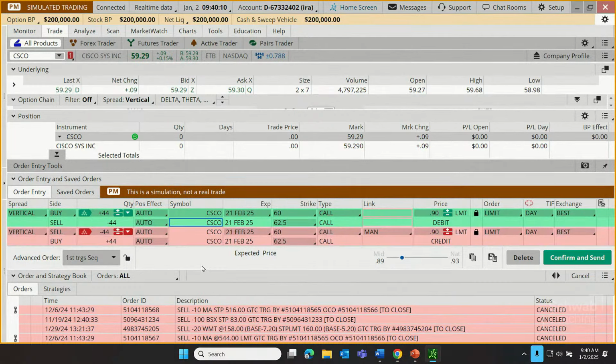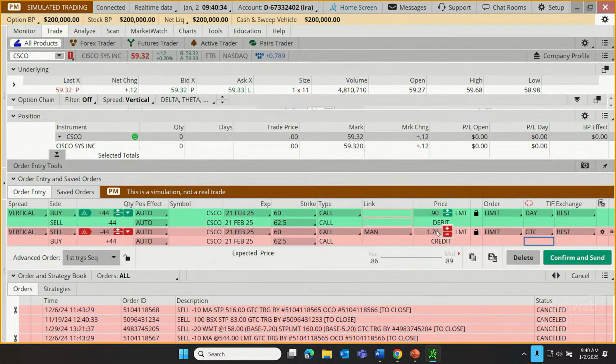Let's create an opposite order to exit with a limit of $1.70. And I'm going to make that order good till canceled. So if we buy into this vertical spread for 90 cents, and if at any point between now and just before that earnings announcement, we can get out for $1.70, we're going to get out, take that profit.